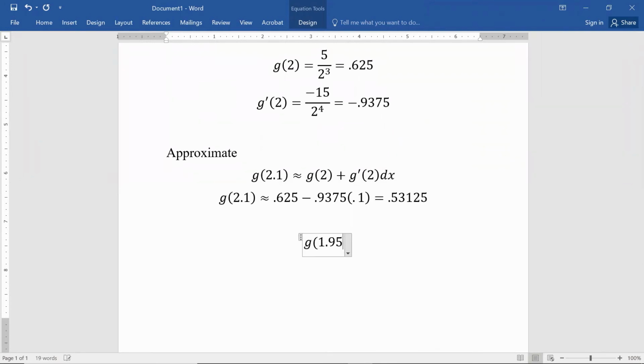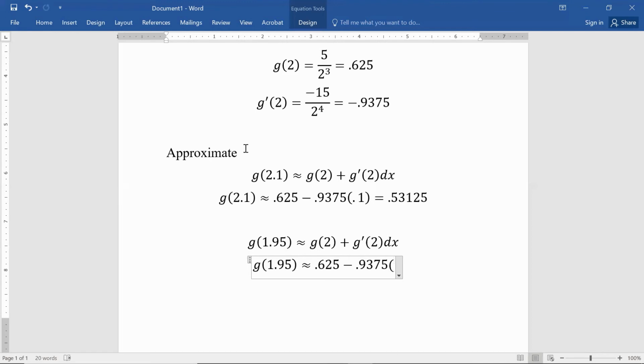G of 1.95 is approximately equal to g of 2 plus g prime of 2 multiplied times dx. In this case, g of 1.95 would be approximately equal to g of 2, 0.625. The derivative of g at 2 is negative 0.9375.